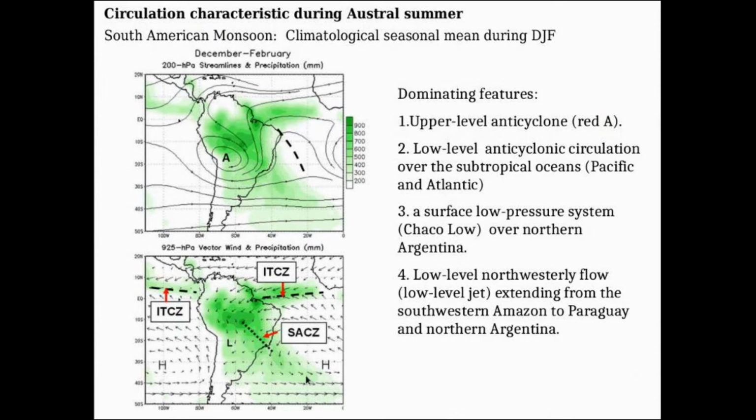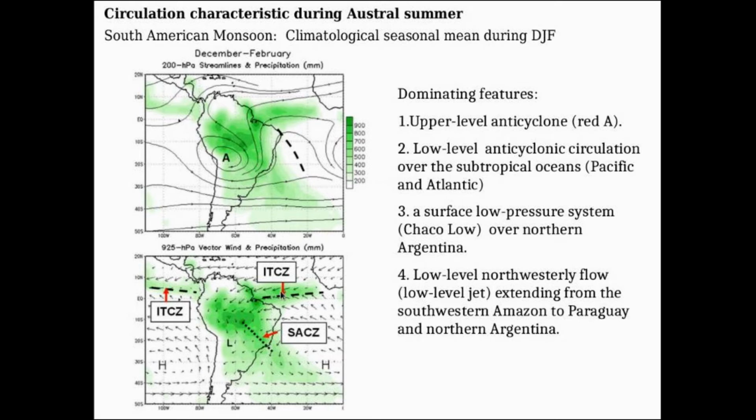First, I will give a little introduction about the characteristics during the austral summer, where the land-ocean contrast brings the precipitation over the ocean. In the upper level in December, January, February, an anticyclone over this area is visible.